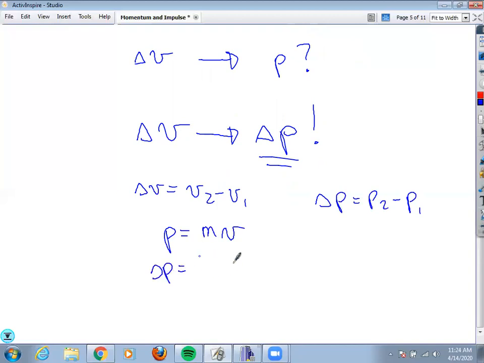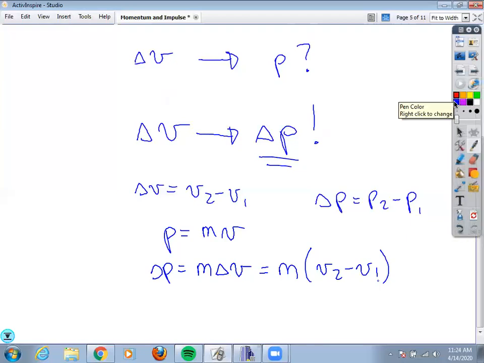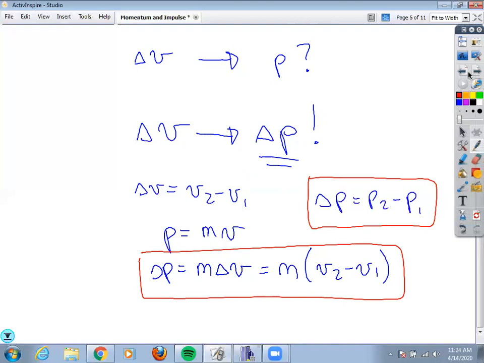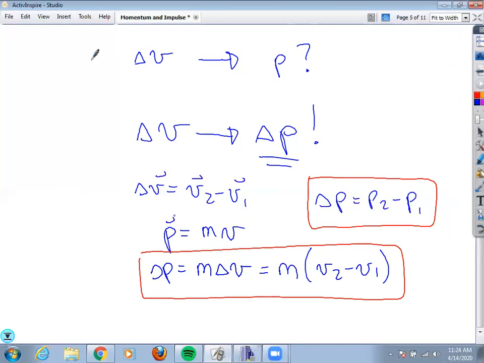Well, mass doesn't change, you keep it constant, so change in momentum must equal m times delta V, or m times V2 minus V1. So that would be a basic definition for change in momentum, besides the obvious final minus initial. Again, there should be vector symbols above all of the vectors.